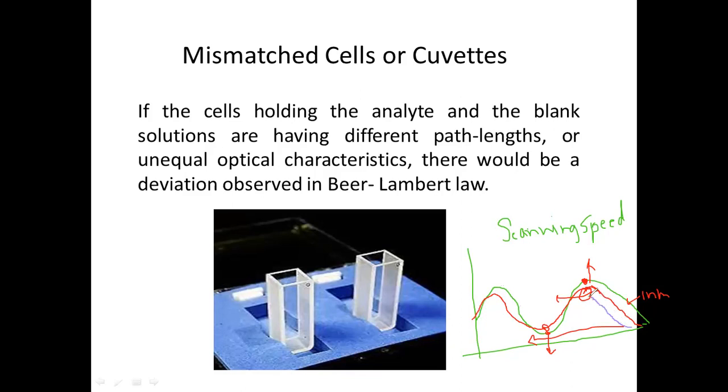You can see that lambda max is also shifted, with a decrease in the absorbance value at lambda max and an increase in the absorbance value at lambda minima. So this way even the scanning speed is going to have an effect on the Beer-Lambert law.